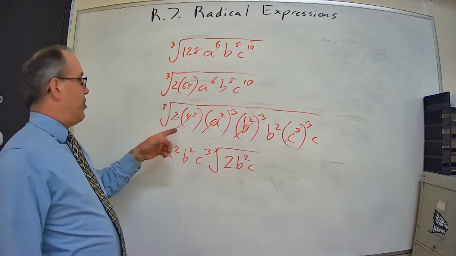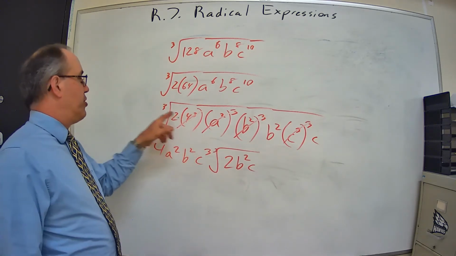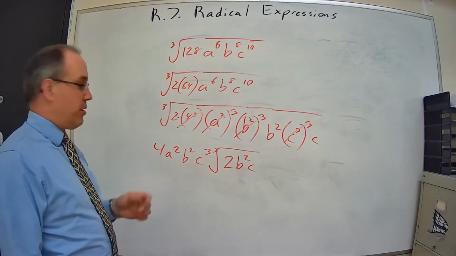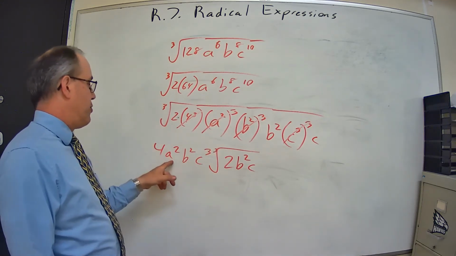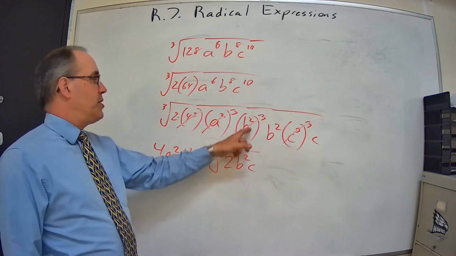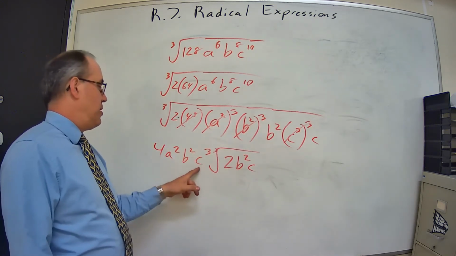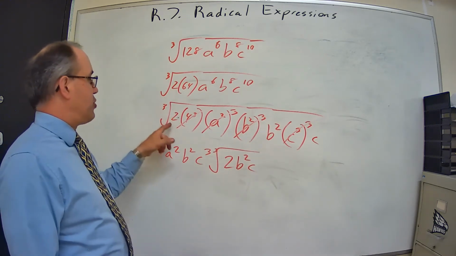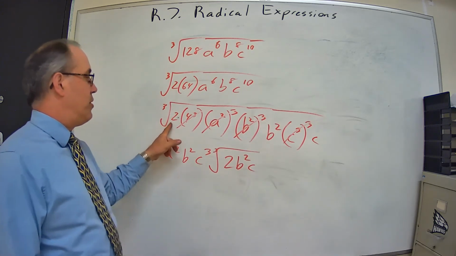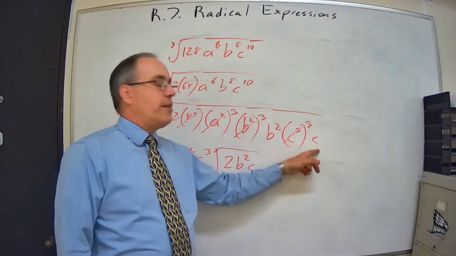So we were able to pull out the 4 because we had 4 cubed, which canceled out with the cubed root. We had A squared cubed, which canceled out with the cubed root, so that brought out the A squared, B squared, C, and then it left us with our cubed root of 2, B squared, C.